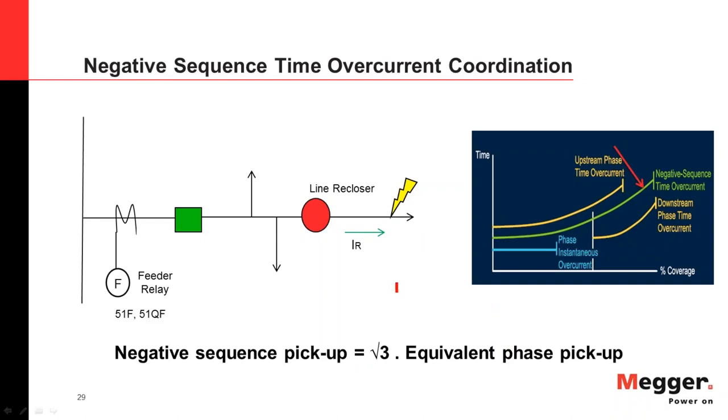So many relay manufacturers have introduced the concept of equivalent phase pickup, and they incorporated the curves associated with equivalent phase pickup in the relay. And when you do √3 times of that, you get a curve which is below the upstream phase overcurrent.